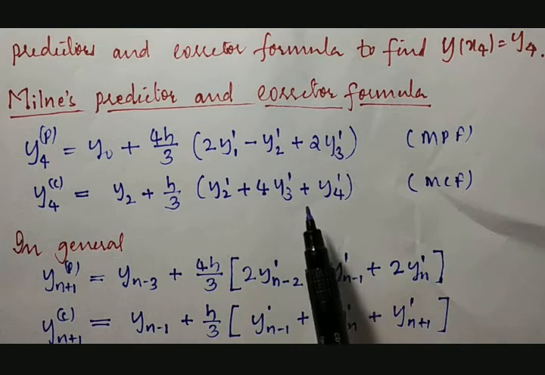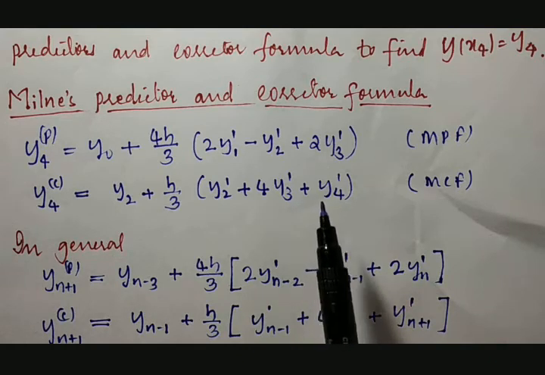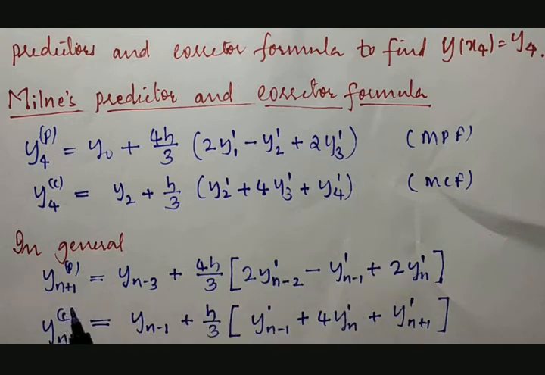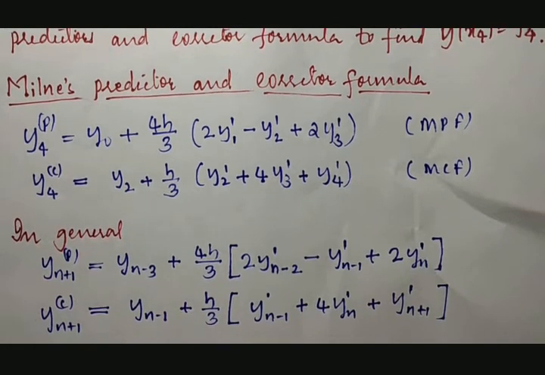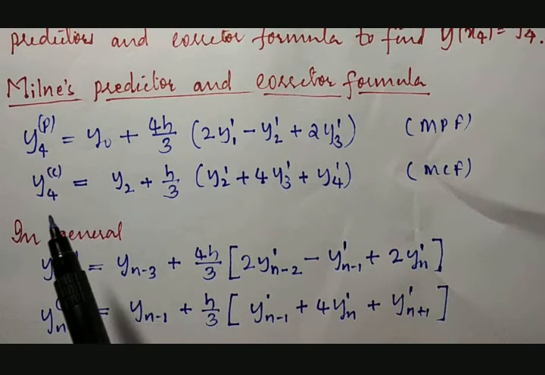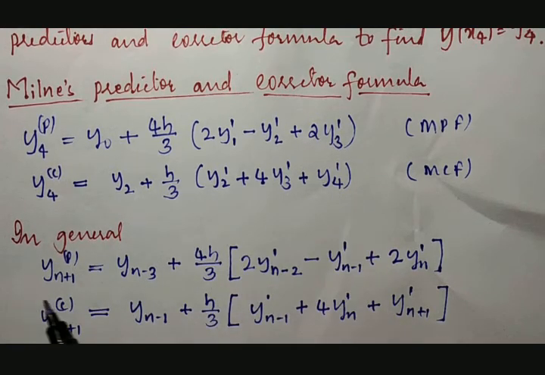Sometimes what happens, instead of giving 4 predetermined values, it may be 5, 6 or 7 predetermined values. Then we need a generalization to understand this formula, instead of y4 we may go for y5, y6, y7 or y8, whatever it is. For that this is the generalization.